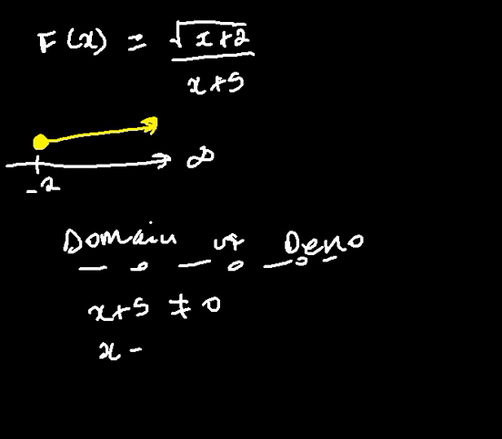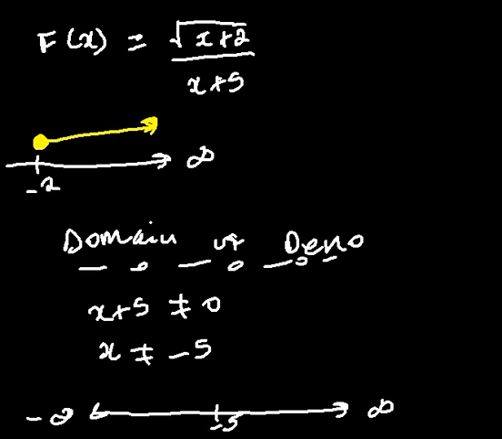That will be given as x not equal to negative 5. I should have that on the number line as well. This is positive infinity, and this is negative infinity. We'll have negative 5 here, and in all cases, negative 5 shouldn't be part of the interval. Hence, we should have that.